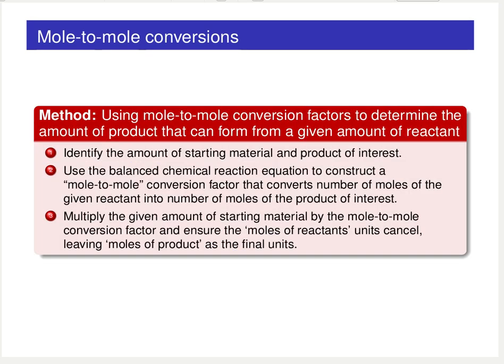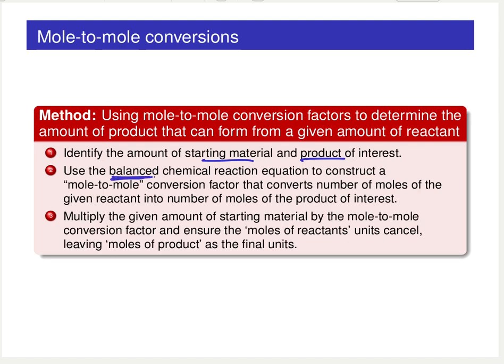Okay, so these simple examples set the stage for presenting a general method for using mole-to-mole conversion factors to determine the amount of product that can form from a given amount of reactant. So the first step is to identify the starting material and the product of interest. Then you're going to use that balanced chemical reaction equation.